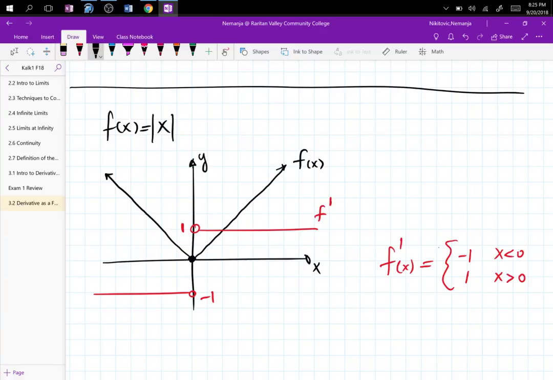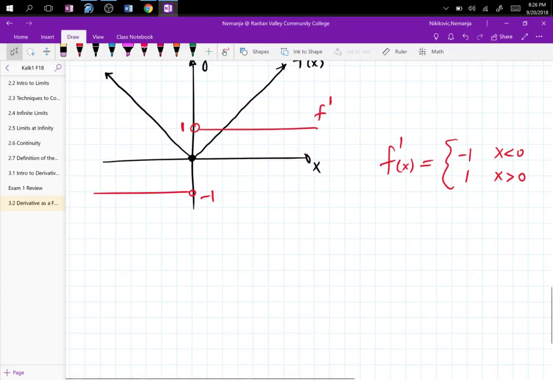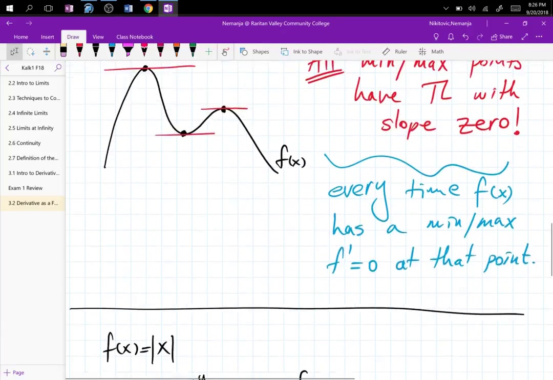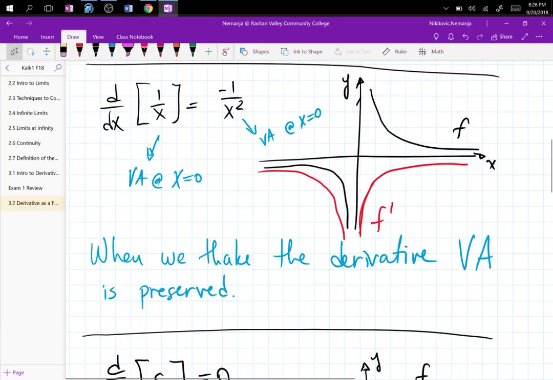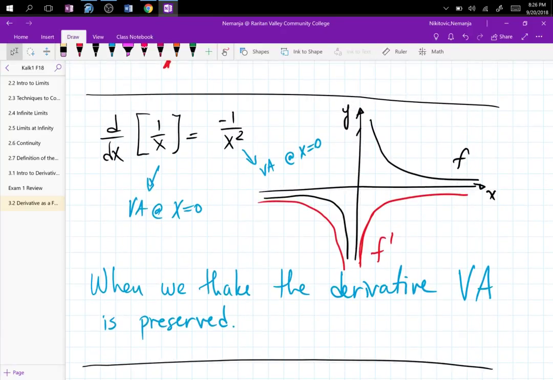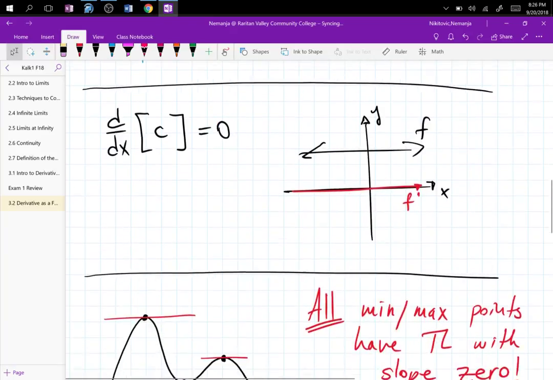And that's that. So that's one of the cool things. We already discussed the 1/x and preserving the vertical asymptote which we had at x equals 0. So keep that in mind.